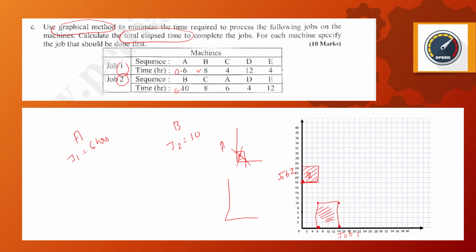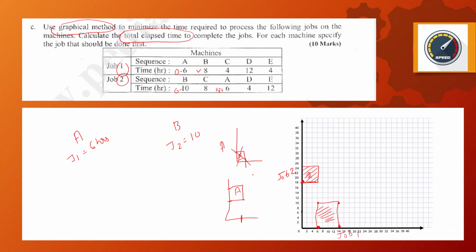It starts in the beginning, so it goes till 6, but for B it is starting after 18 hours. So it will start at 18 plus 6, so it will go till 24. So that is 18 and 24. Then here we need to mark the common. So this is how we plot the graph.